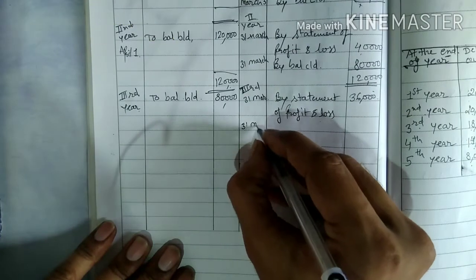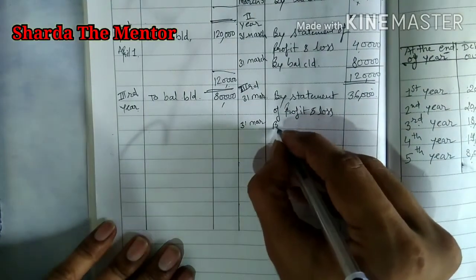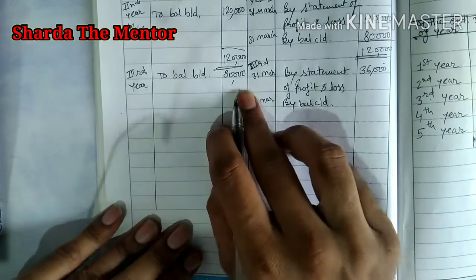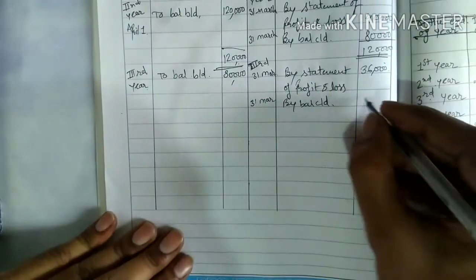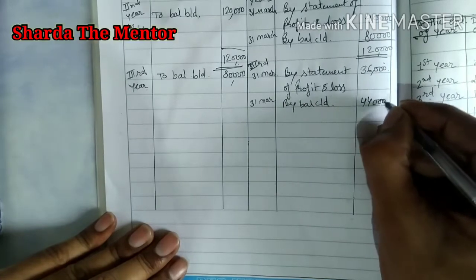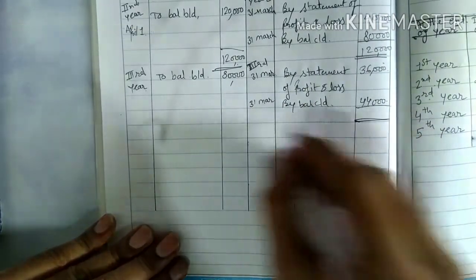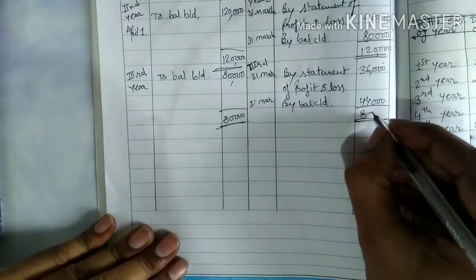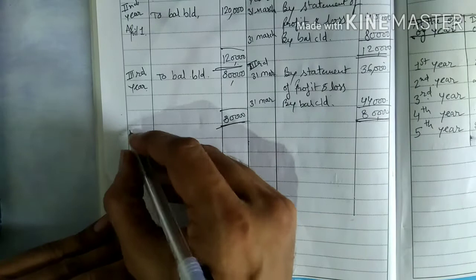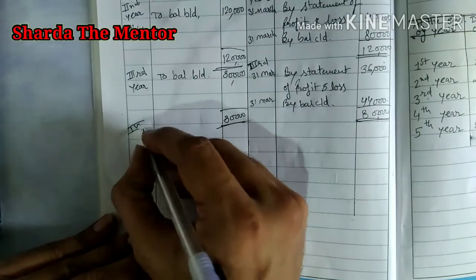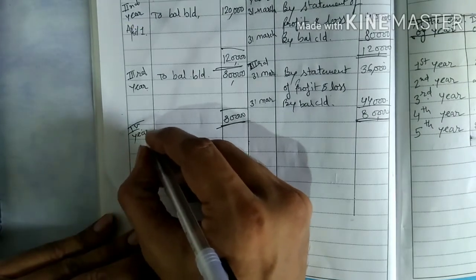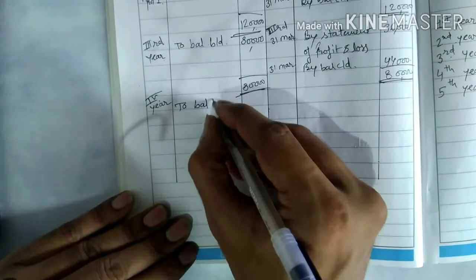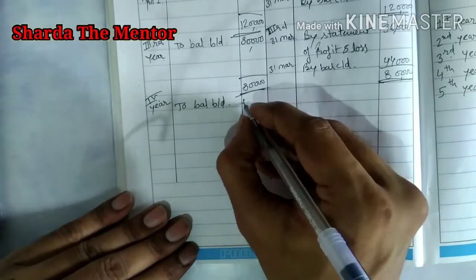So the 31st March balance will be 80,000 minus 36,000, so the balance will be 44,000. So that is total 80,000. Now when you transfer the balance to the 4th year, in the beginning of the 4th year, the balance will be 44,000.